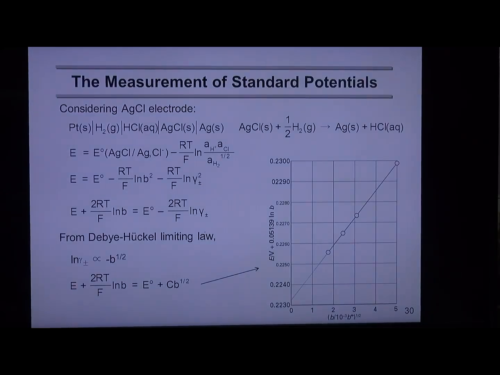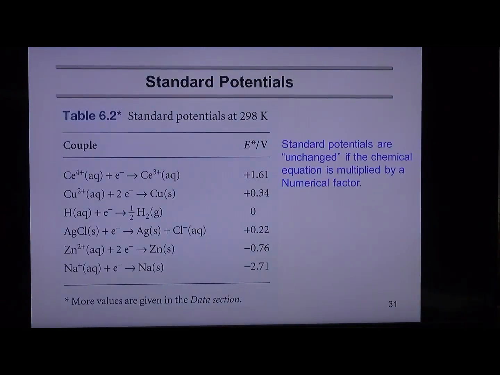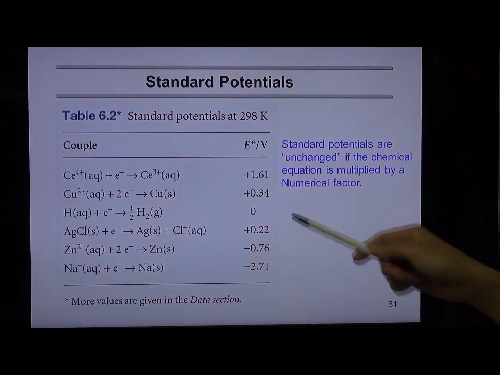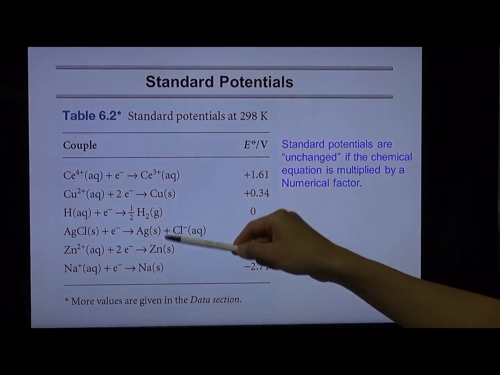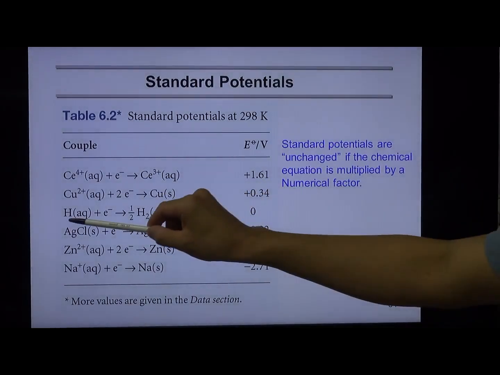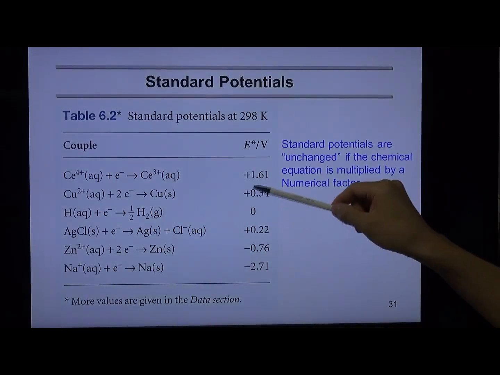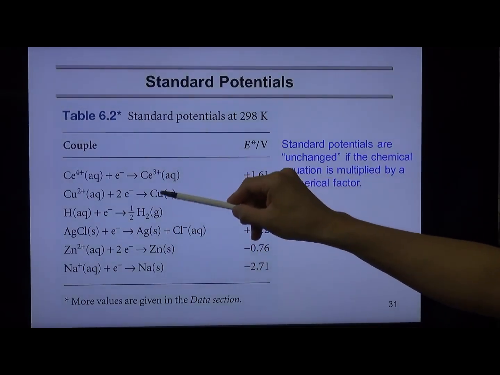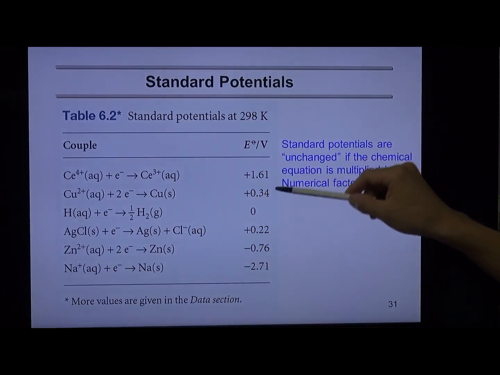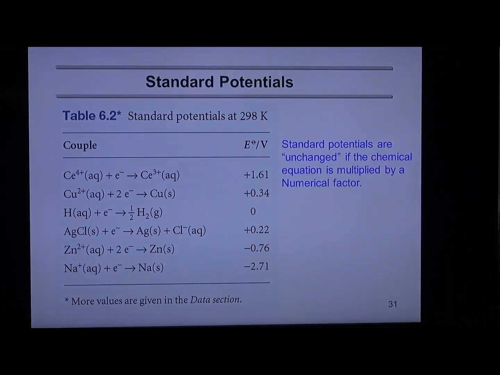I'm going to skip this part, it's not that important. So by basically measuring that electrical potential, we can determine the standard potential of a certain half reaction, right? This electrode is the reference point, which has 0 volt, and by simply connecting this and this, or this and this, we can determine the standard electrode potential.